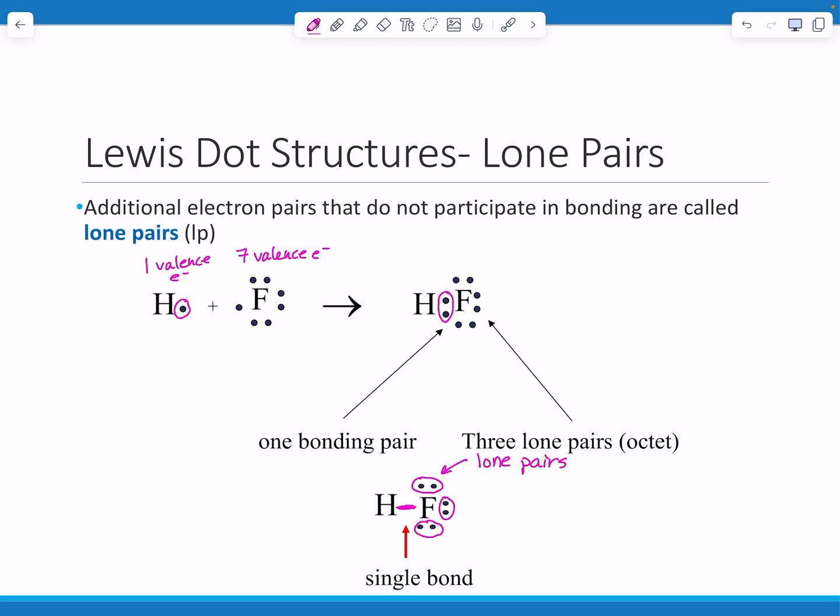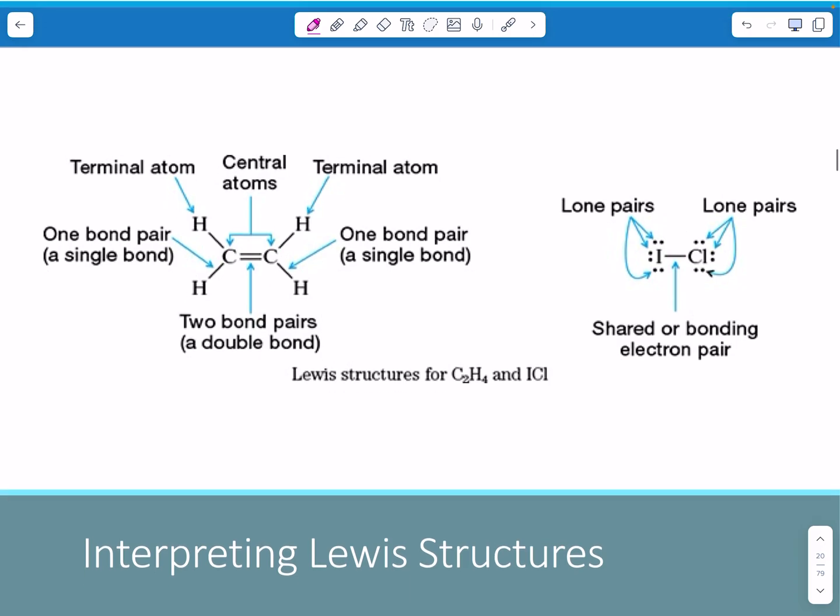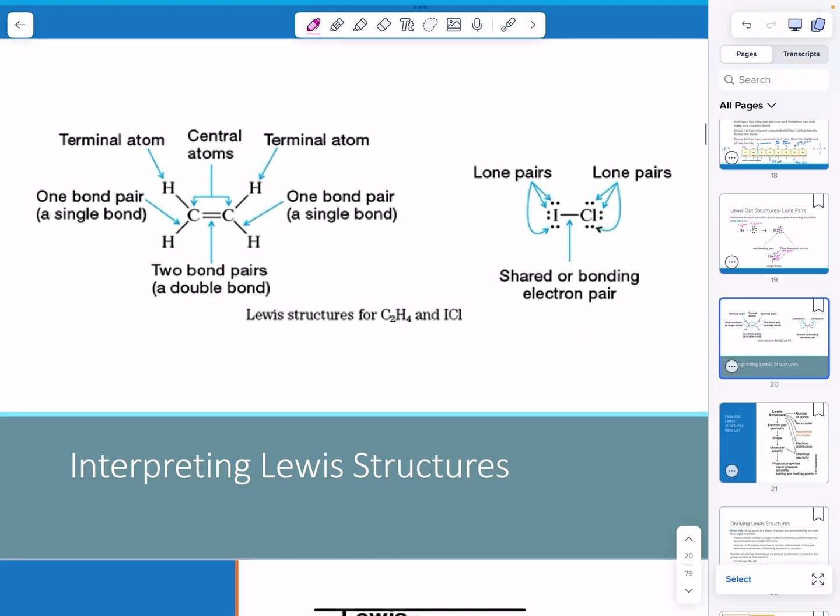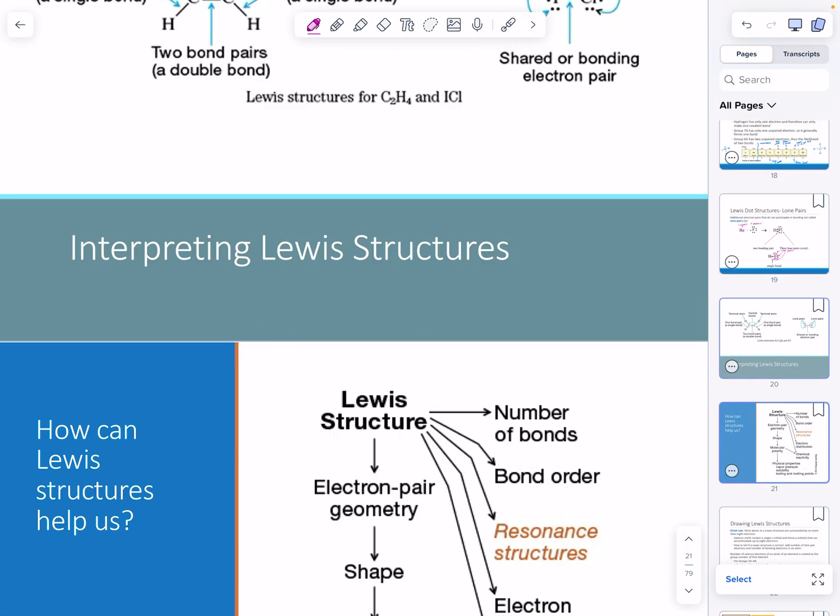And the lone pairs, which you learned from lab last week, hopefully, in a molecule are going to have some impact on the structure of that molecule. And the structures of molecules turn out to be very, very important, features of molecules that are important for their function. Let me just skip ahead one slide, and then we'll go back to interpreting Lewis structures.